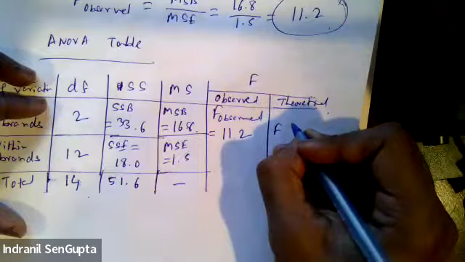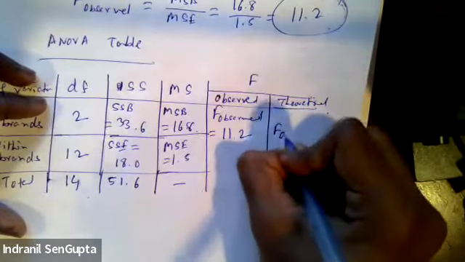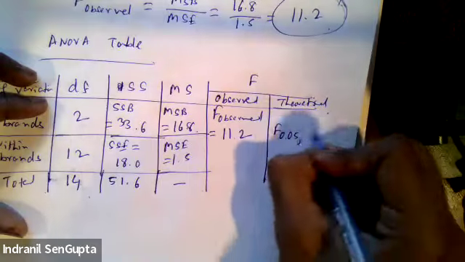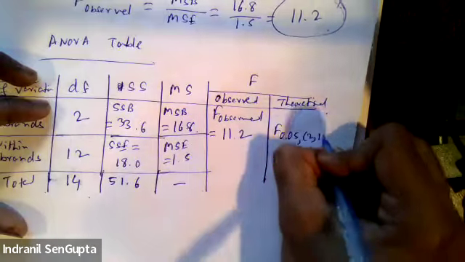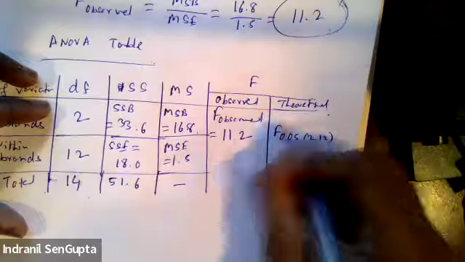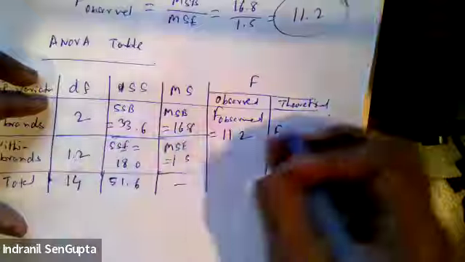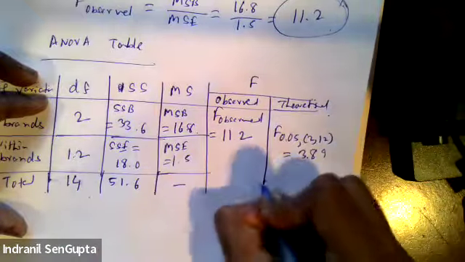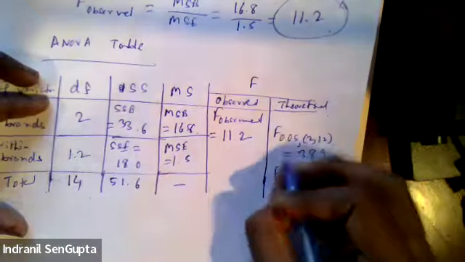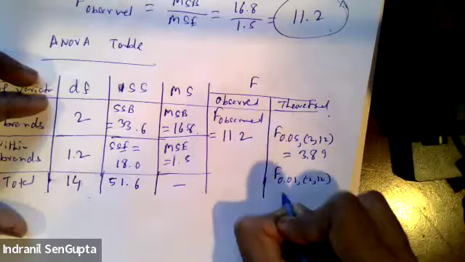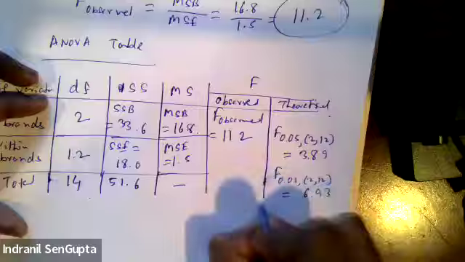From the table, or from other sources, you can have a free online library to get this number. With 5% significance level and 2 and 12 degrees of freedom, this number is 3.89. And if I have, say, 1% significance level and degrees of freedom 2 and 12, this is going to be 6.93.